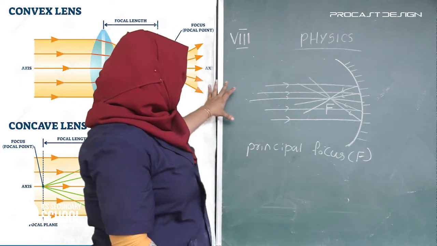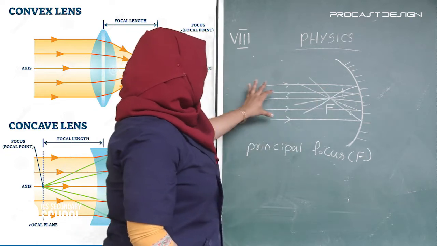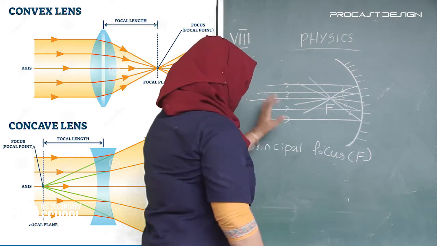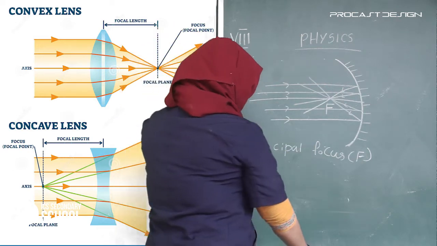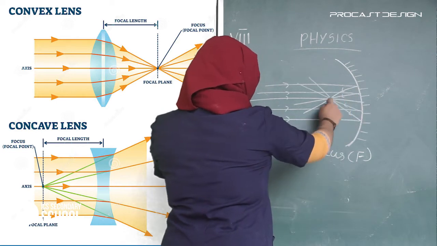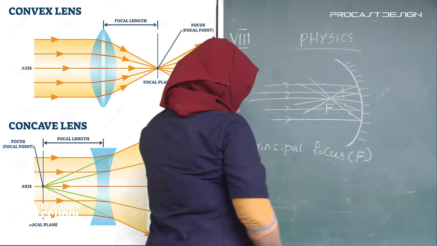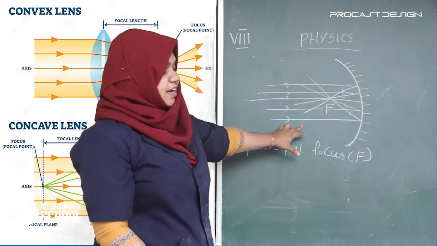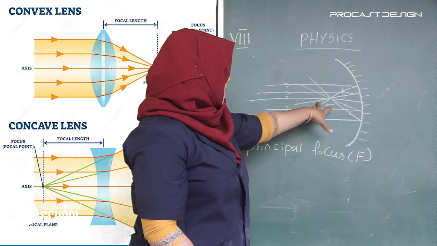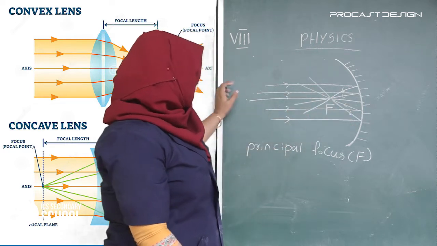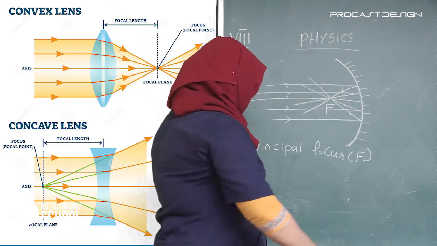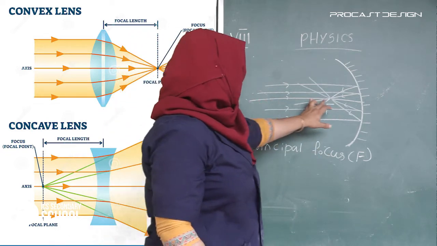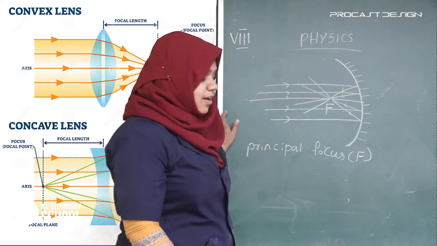How will we get it? Yes, an incident ray on the concave mirror parallel to the principal axis passes through a fixed point on the principal axis after reflection. This point is known as the principal focus of the concave mirror.